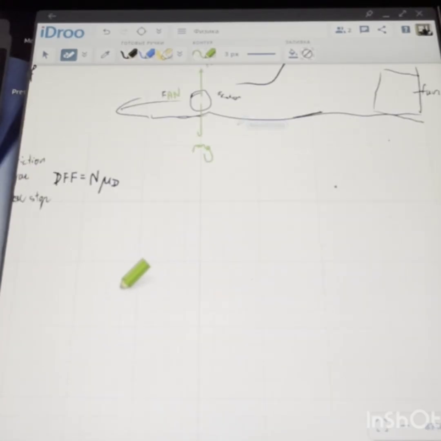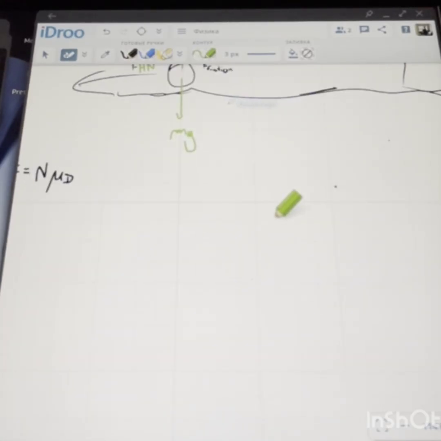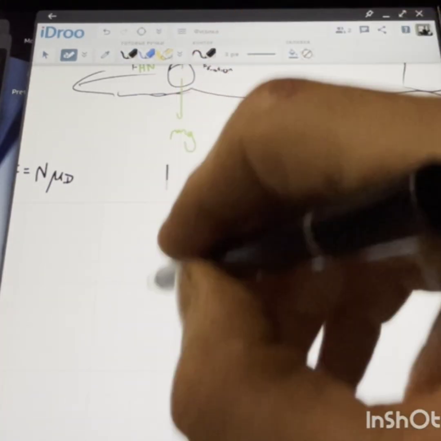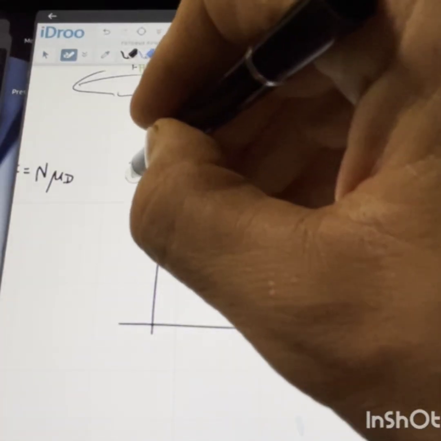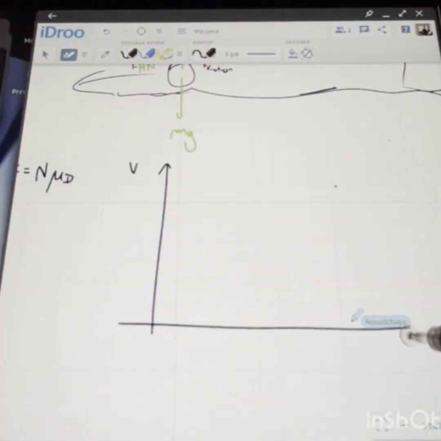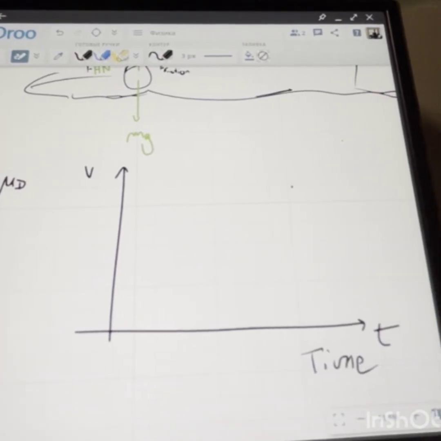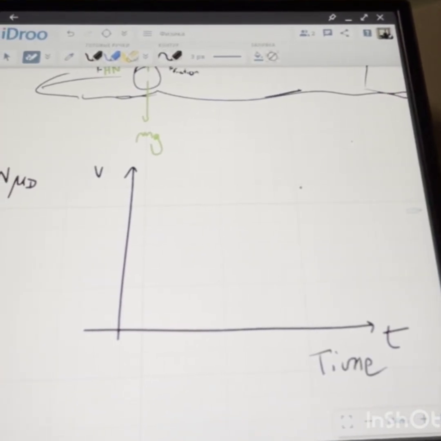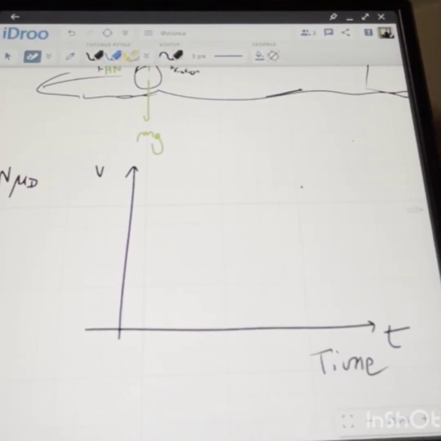Let's sketch the velocity versus time graph for the motion. Velocity versus time, yes, but I am saving some technical time instead of asking you what is the dependent variable, the independent variable, the control variable. All this is going to be later.